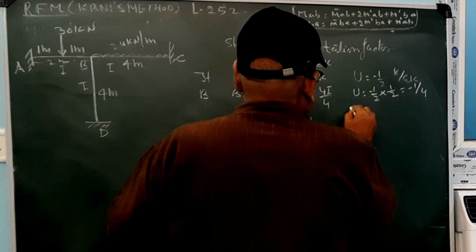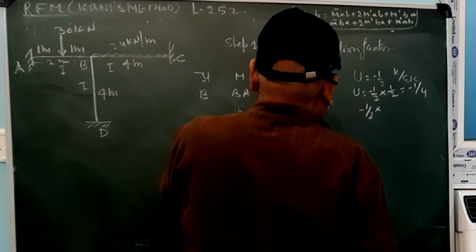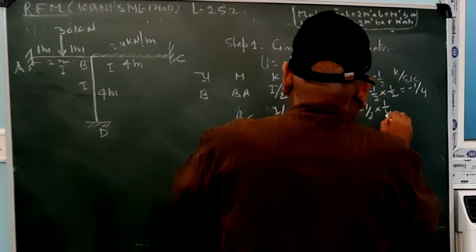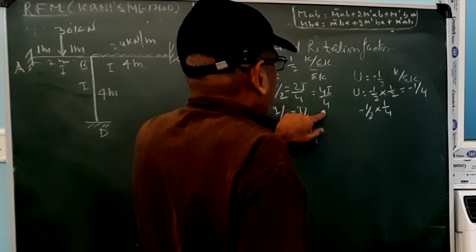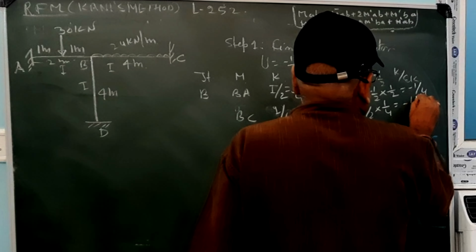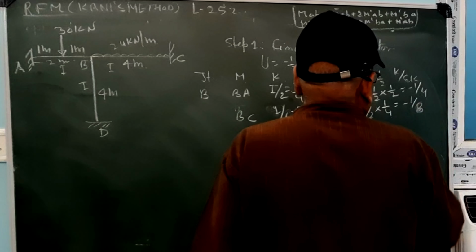U equals -1/2 into I by 4 divided by 4I by 4, that is 1/4, so this will be -1/8.